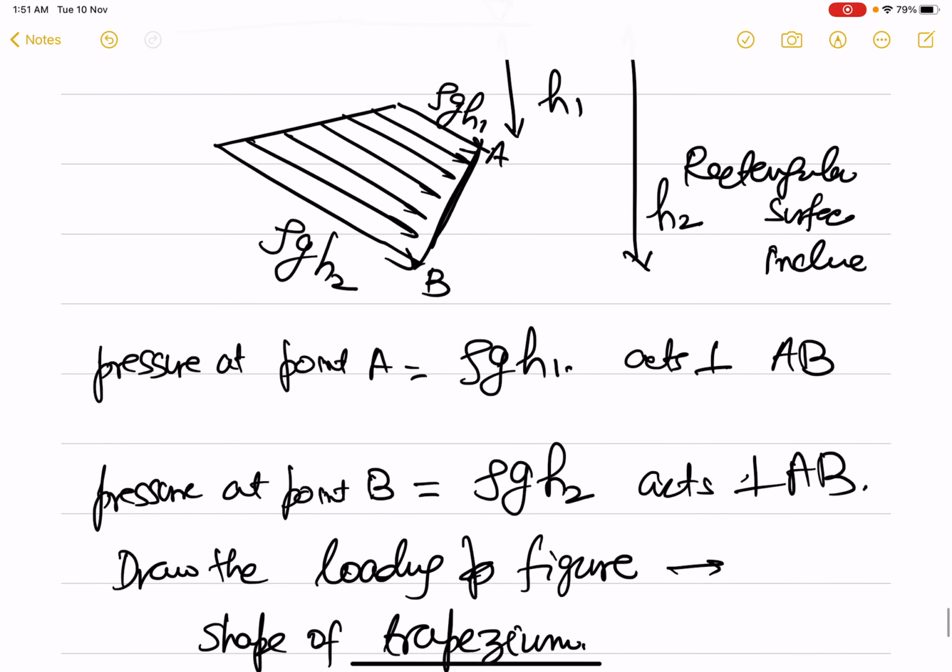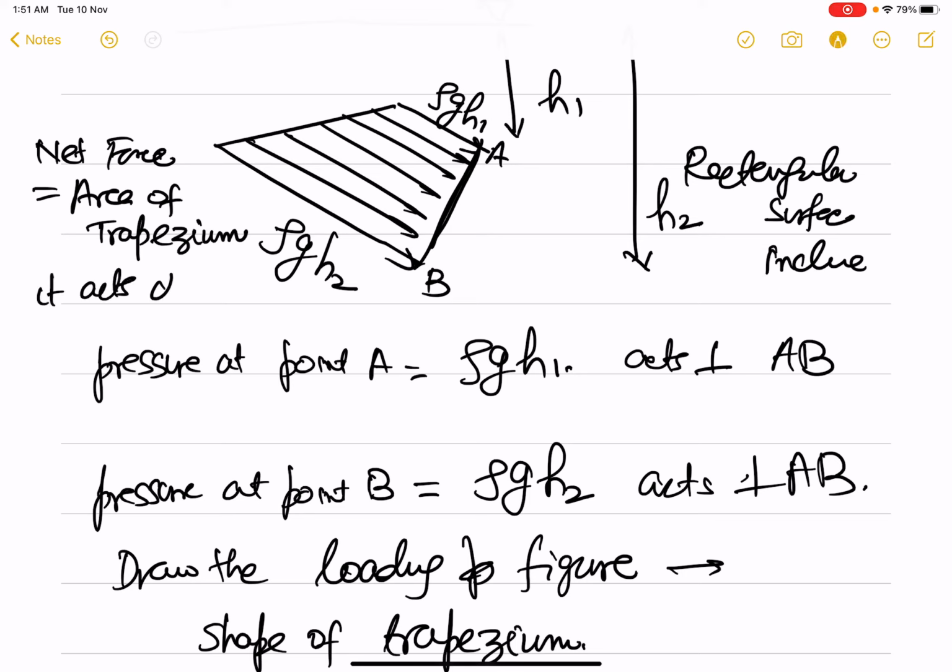Now what we can show is that net force is equal to the area of this loading curve, which is this trapezium, and it acts at the centroid, not of AB but of this trapezium.